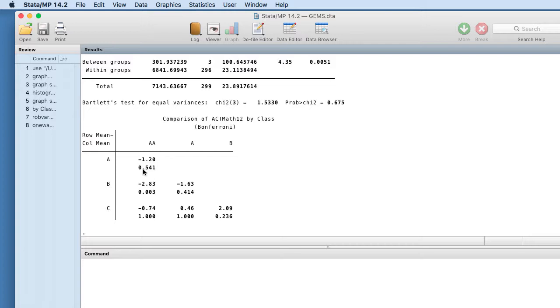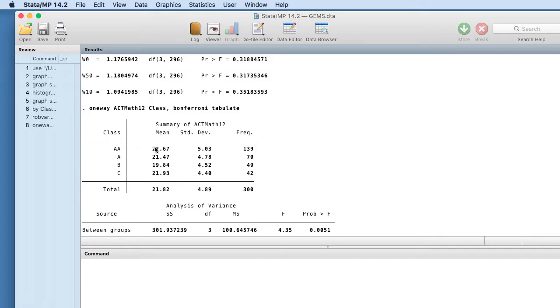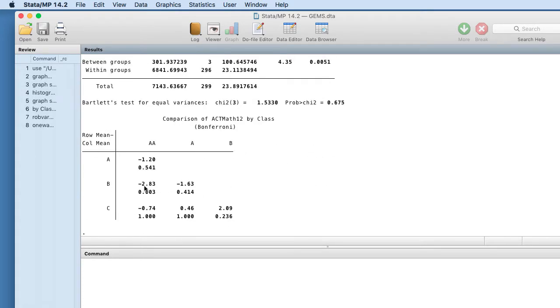And that difference is not significant because this probability is above 0.05. Now, if I subtract or compare Class B to Class AA, so I'm subtracting this mean from this mean, 19.84 from 22.67, that difference is negative 2.83. And this is highly significant.